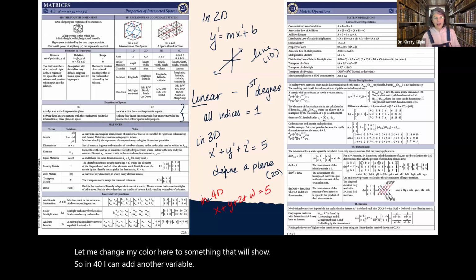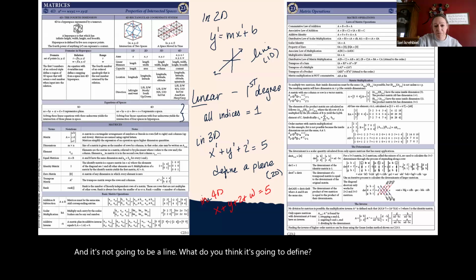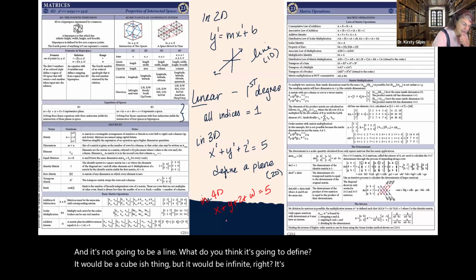And it's not going to be a line. What do you think it's going to define? Is it a cube? Well, it would be a cube-ish thing, but it would be infinite, right? It's going to be a space. It's going to be our 3D space.